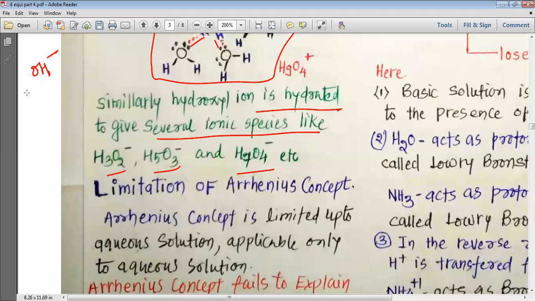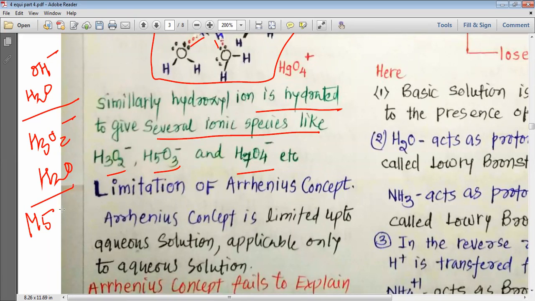See, if you have OH- and it is hydrated with H2O, what you will get is H3O2-. Again, if one more water molecule is added, you can have H5O3-.